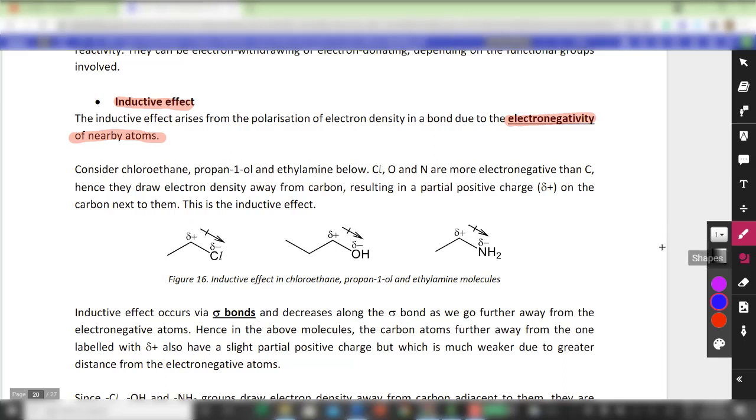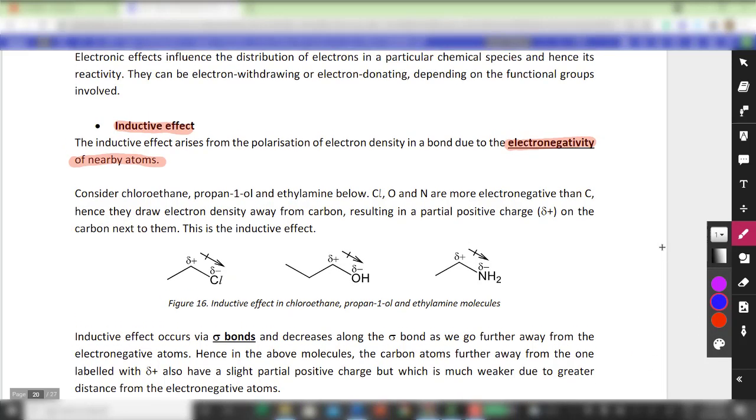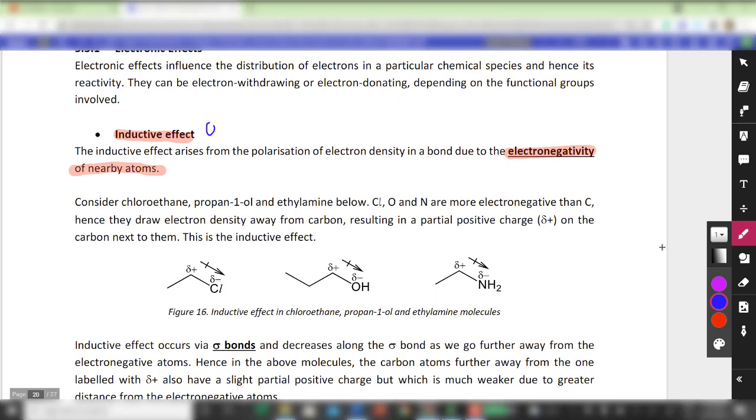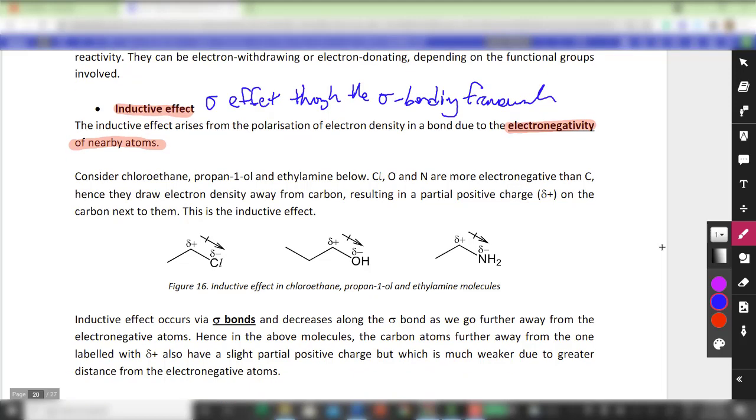For inductive effect, it might be better to say that it is what we call a sigma effect, or a sigma bond effect, through the sigma bonding framework. What exactly is a sigma bonding framework? Meaning the whole skeletal structure involving sigma bonds.